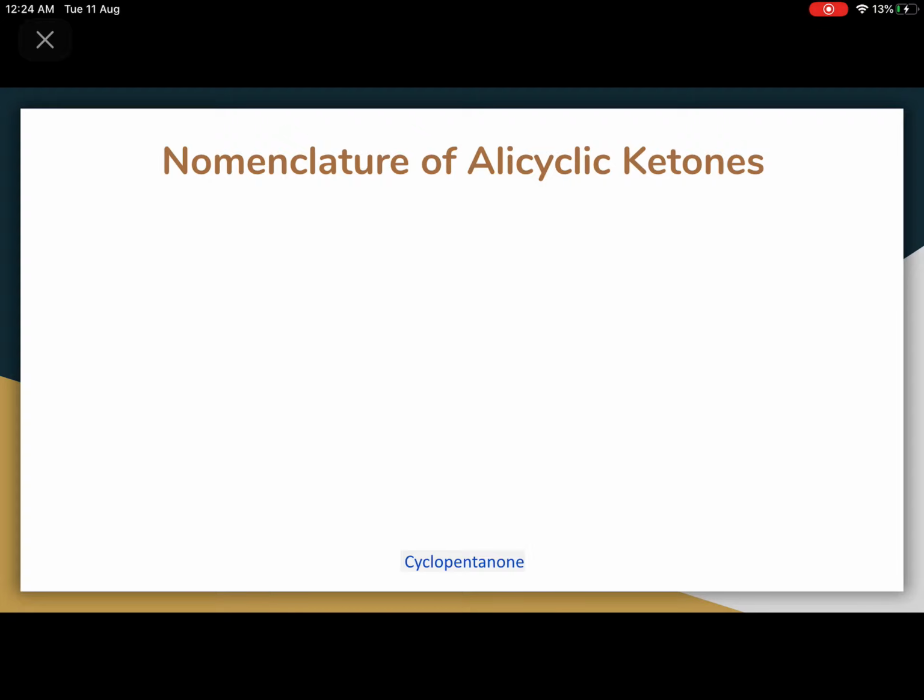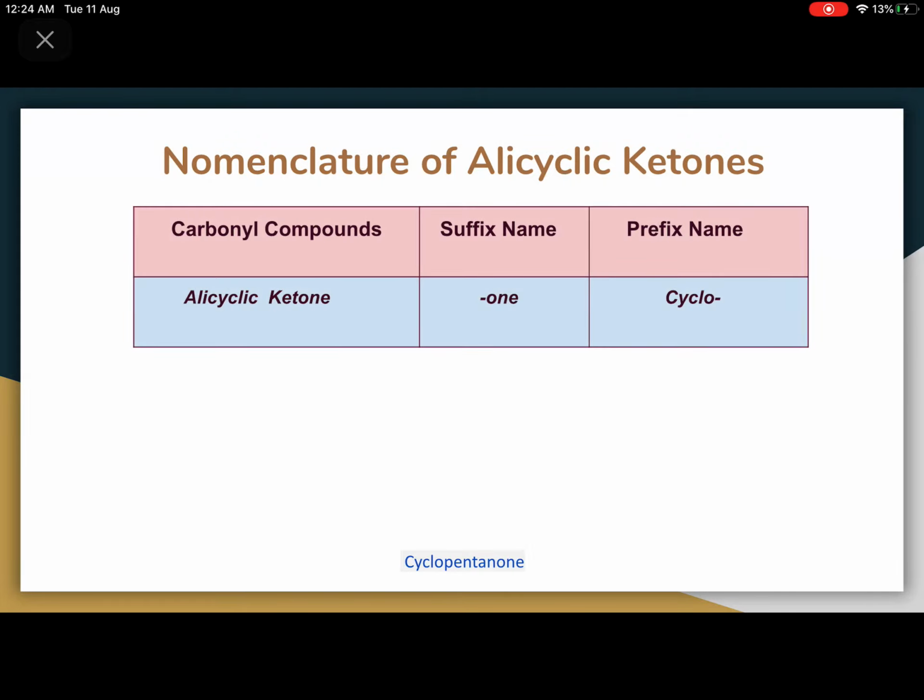Nomenclature of alicyclic ketones. For the alicyclic ketone, we have to use the suffix ONE and the prefix cyclo. As you can see in this structure, the cycloalkane is what?